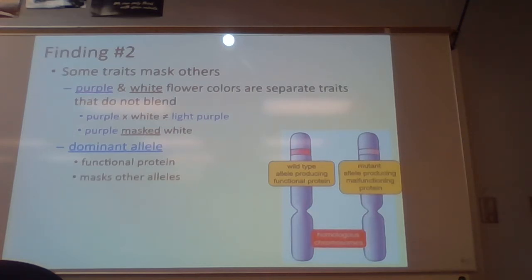It's going to mask any allele that does not function. So this is our working copy. One copy is broken, the other copy still works. It's going to mask the broken copy. Generally speaking, the recessive allele contains a mutation where it does not make a functioning protein, so it makes a malfunctioning protein.